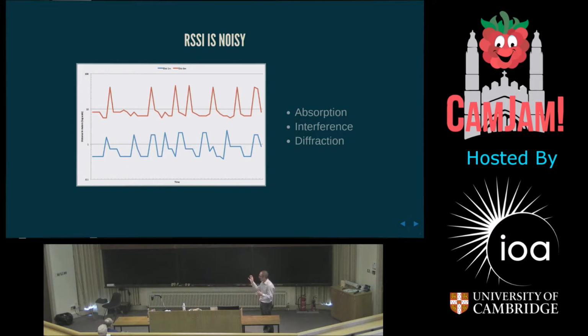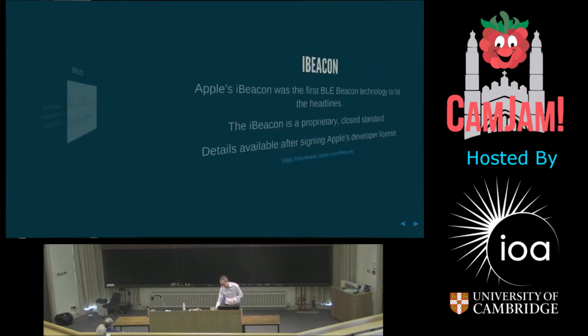This is an important piece of information when we look at trying to range how far a beacon is away. The way I tend to think of this is, if you're outside on a windy day and someone's shouting at you, you don't hear everything at the same volume level. It fades in and out. In this room, we've got beautiful acoustics. We don't have that problem, but you don't always have that in the real world.